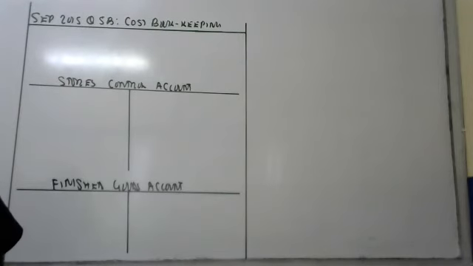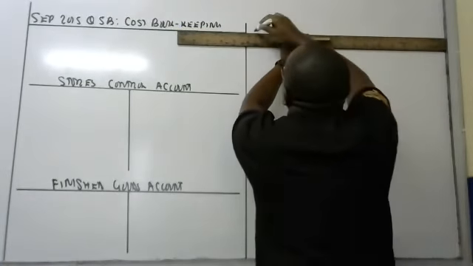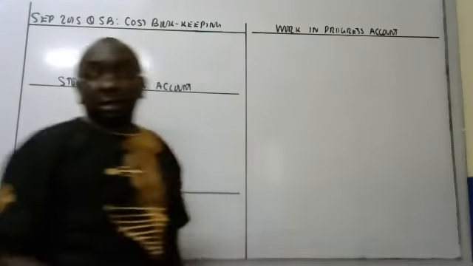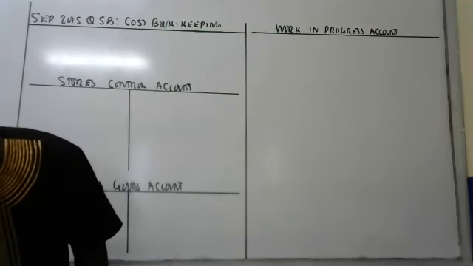Then there is another one called work in progress account. And the last one is production overheads account.